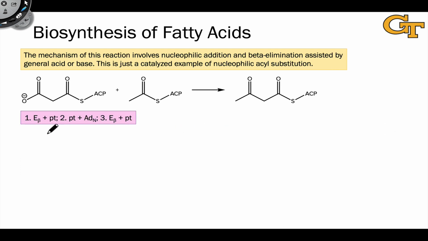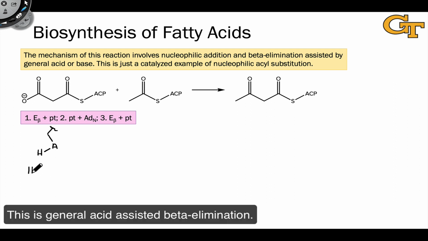Let's take a quick look at the mechanism of this reaction in an enzyme's active site in a little more detail. And I'm going to represent a general acid within the enzyme using this abbreviated structure with HA representing the acidic group. This might be something like an aspartic acid residue, for example. In the first elementary step, decarboxylation is accompanied by protonation.